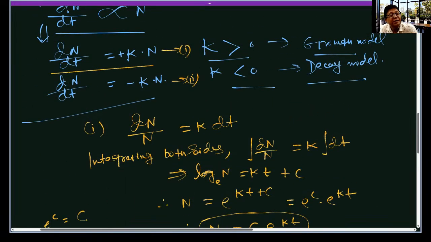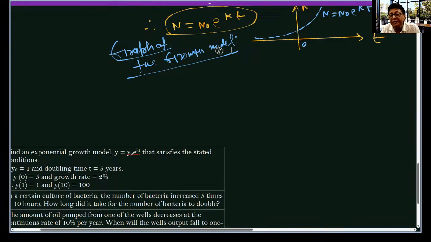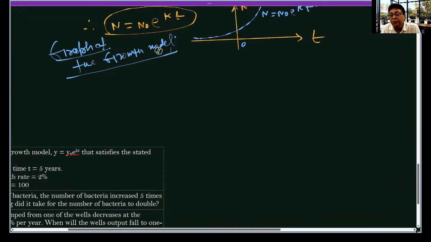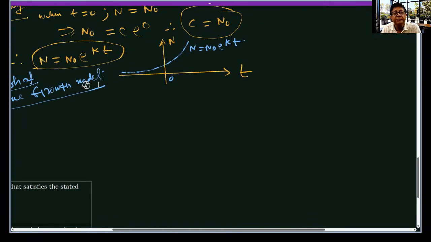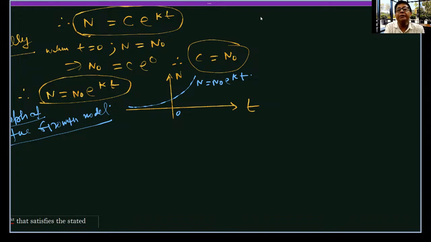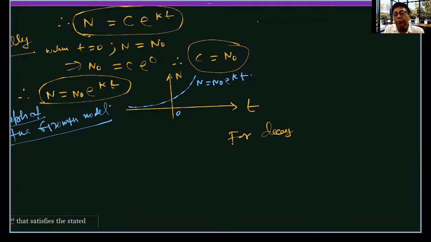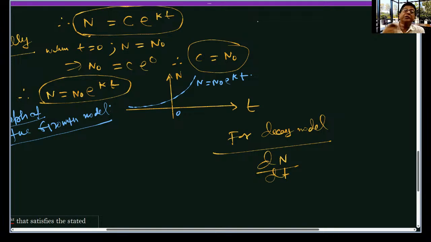What happens there? dn by dt equal to minus kn. Let me derive it in detail for you so that you remember better. For decay model, what will happen? Let me do. For decay model, dn by dt, radioactive disintegration, evaporation of perfume comes under this category.